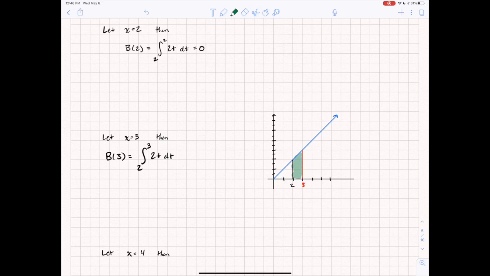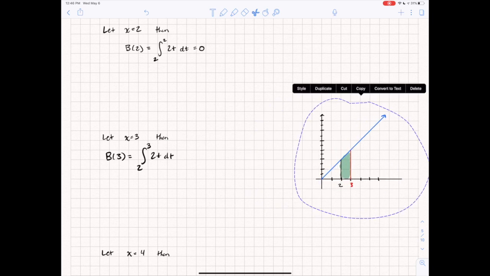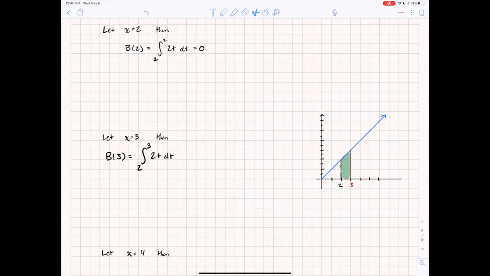Now we could use the formula for a trapezoid to find this area. But what I want you to notice instead, geometrically, is that that shaded region right there is the leftover piece of this entire triangle here, where I take away this one.